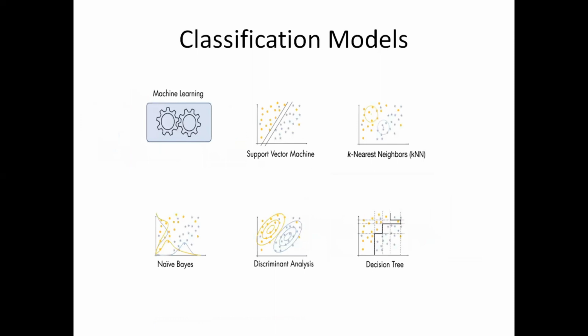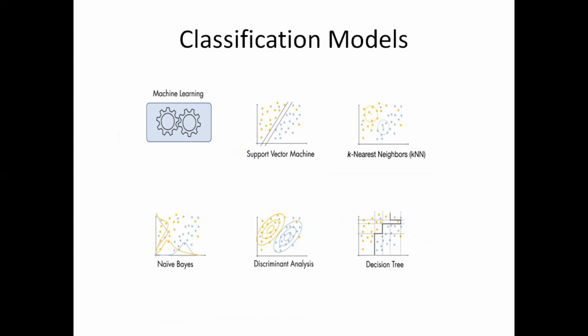Before that, there are different classification models that we can develop. We have different models like support vector machine, KNN, naive Bayes, then discriminant analysis and decision trees. All these are different classification models that can be developed, and each of these will give different performances.